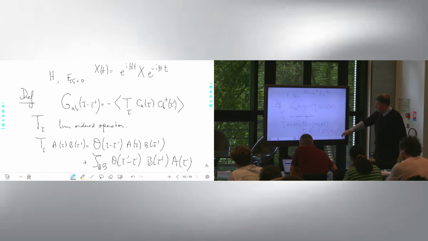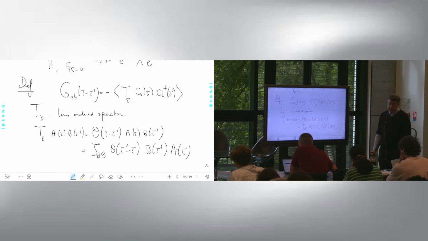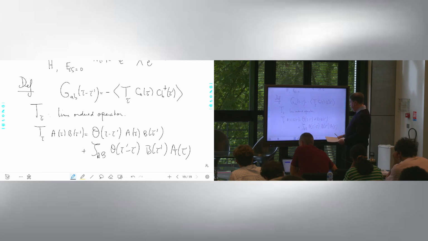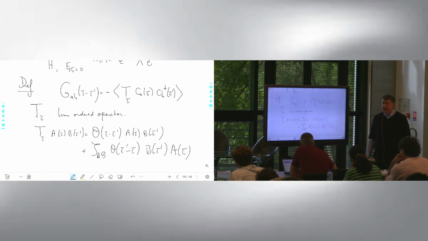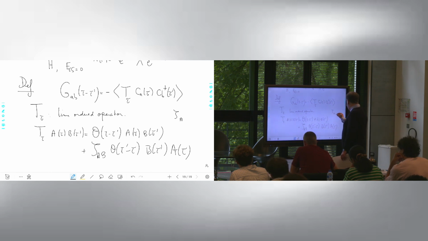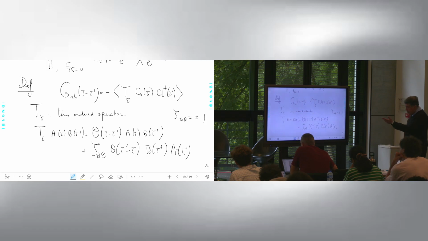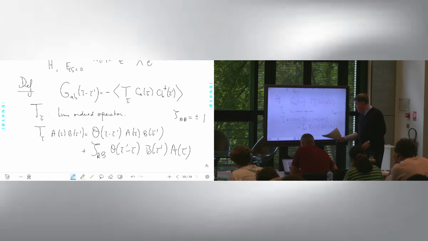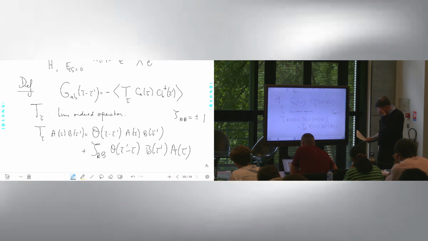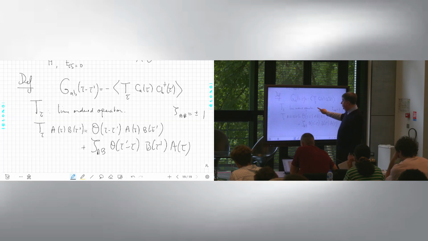So it's an operator that will put the two operators in order. If the times are decreasing, it does nothing. If not, it puts them back into decreasing order. That's the meaning of these two theta functions. Zeta is equal to 1, except it's minus 1 if the two operators are fermionic. In our case, with C and C dagger operators, it will be minus 1 because fermions do anti-commute.